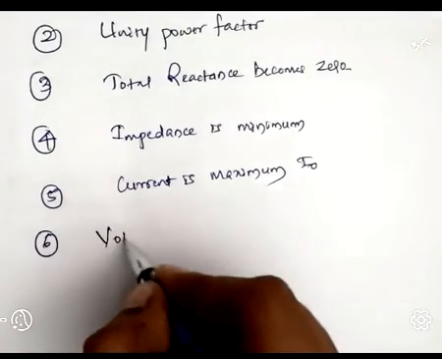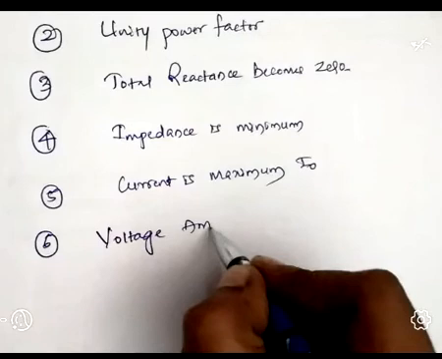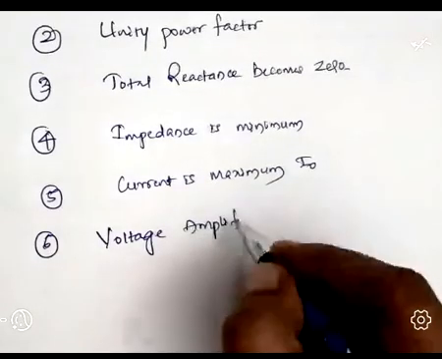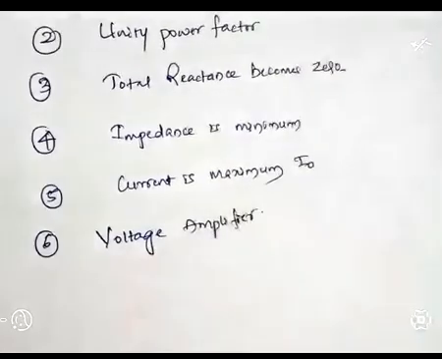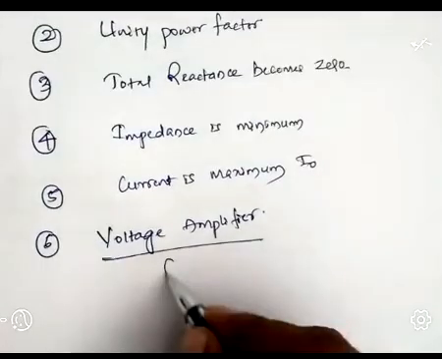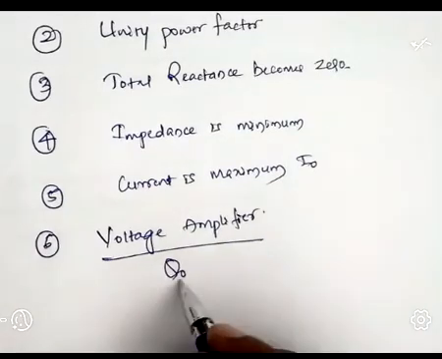It acts as a voltage amplifier with the quality factor of the circuit. Hence, Q naught acts as an amplification or magnification factor.